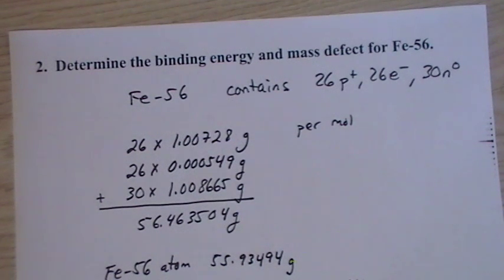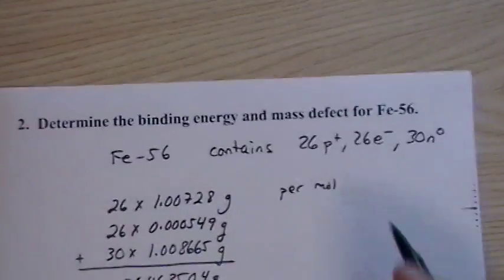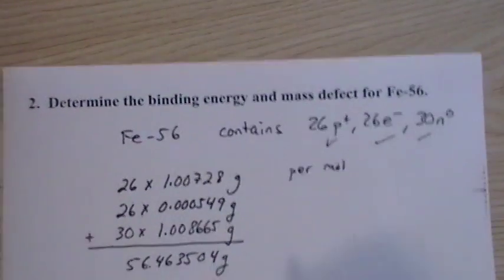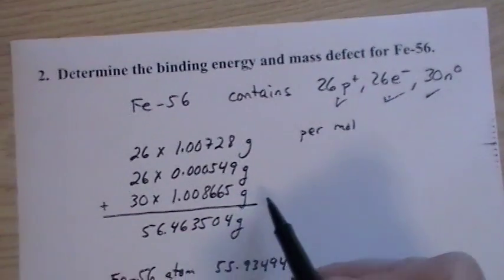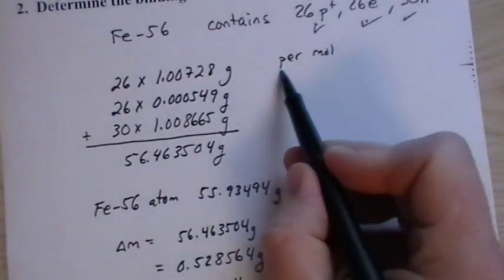So we take the mass of the particles, the building blocks, before we put them together, and then afterwards. Whatever the mass difference is is related to the binding energy, and that shows you why they stick together. We're just going to find the mass of each of these particles: 26 protons, 26 electrons, and 30 neutrons. I did it in grams per mole.